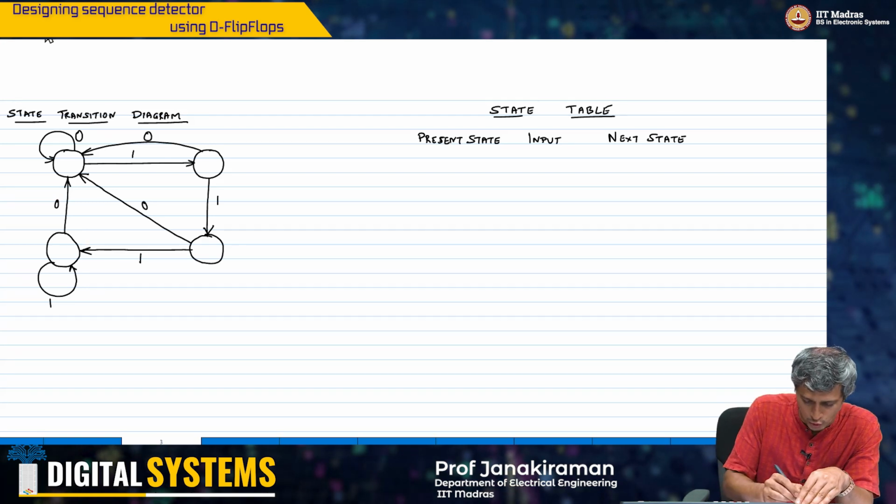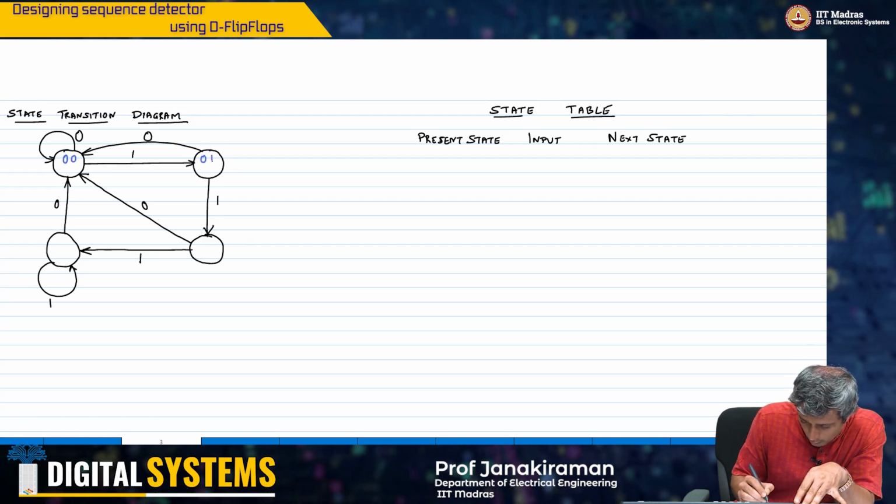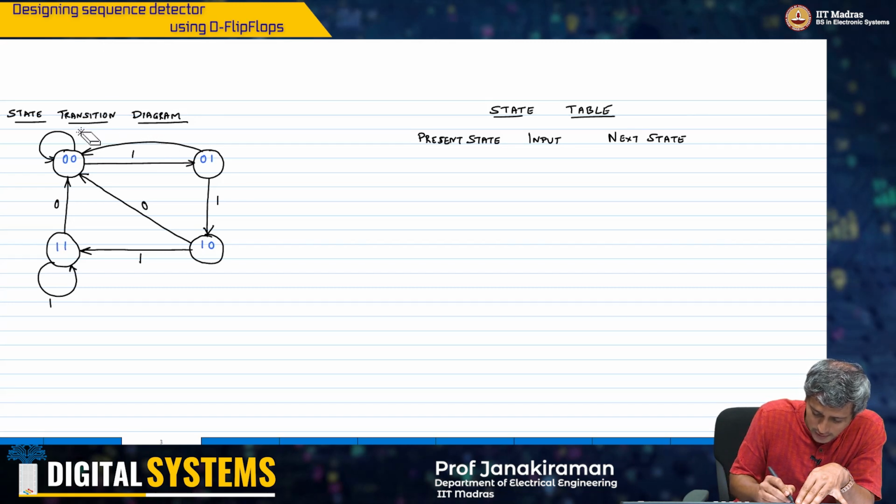Right, and I will also use my color coding that I did earlier. 0 0 0 1 1 0 1 1, right. This is my state. My input is going to be in red.